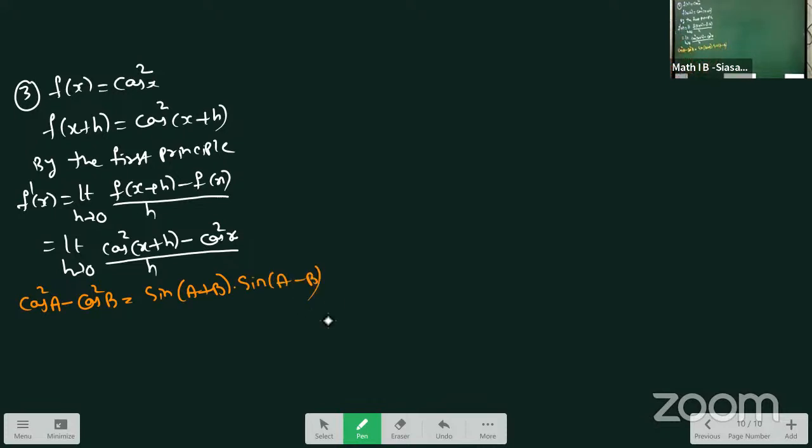Sin a plus b into sin a minus b. You can take minus sign also: minus sin a plus b into sin a minus b. Or if you don't want the sign here, sin a plus b into sin b minus a also we can take. Any of the ways you can write it.